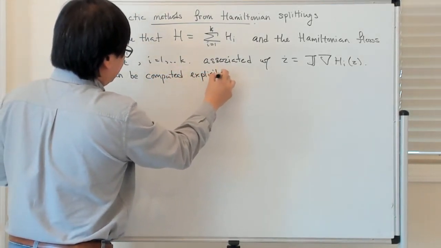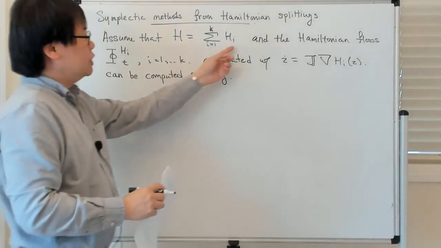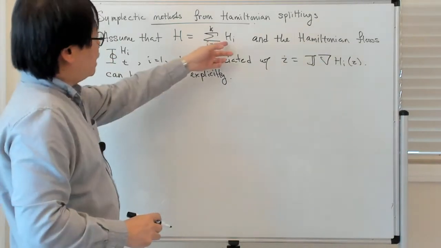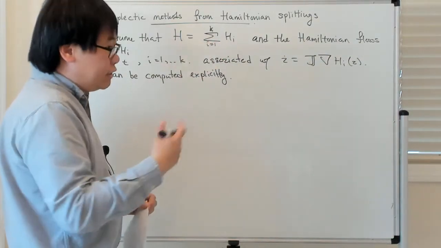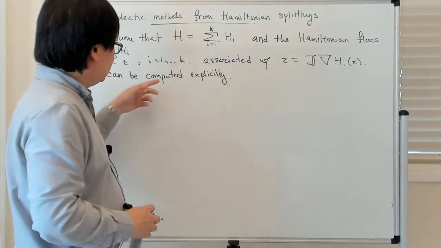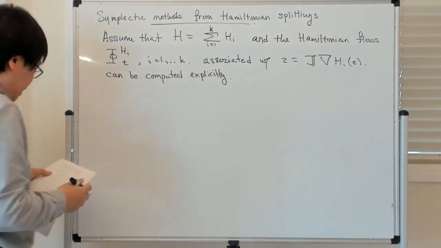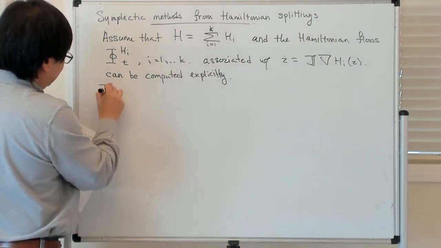So basically, what I'm assuming is that you have a Hamiltonian which can be decomposed into other Hamiltonians H_i, such that each of these H_i generates a Hamiltonian vector field whose solution flow can be computed explicitly. If you're in that setting, then the following is true.